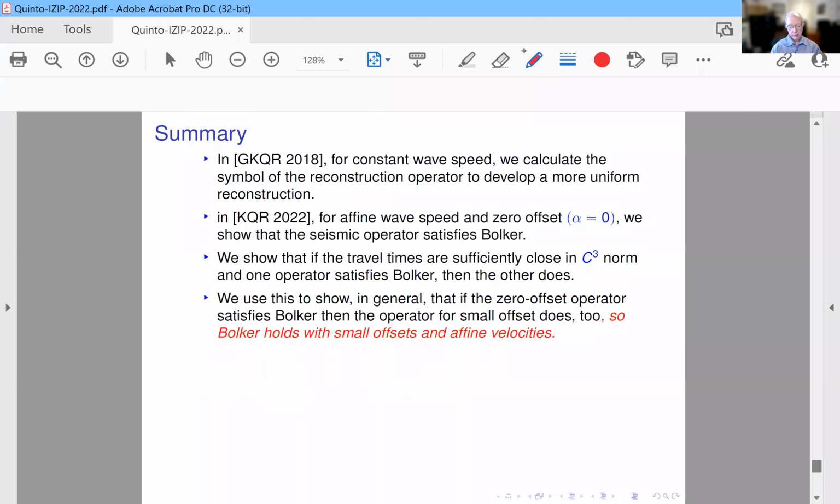We use this to show in general that if the zero offset operator satisfies Volker, then for small offset it does. So Volker holds with small offsets in affine velocity. Our conjecture is at least true some of the time and maybe more than that. Since we don't have an estimate on alpha 0, on how far it is, that would be something interesting to try to do.